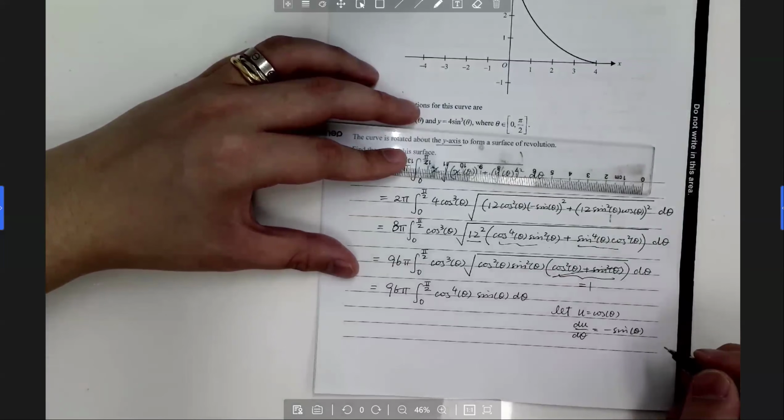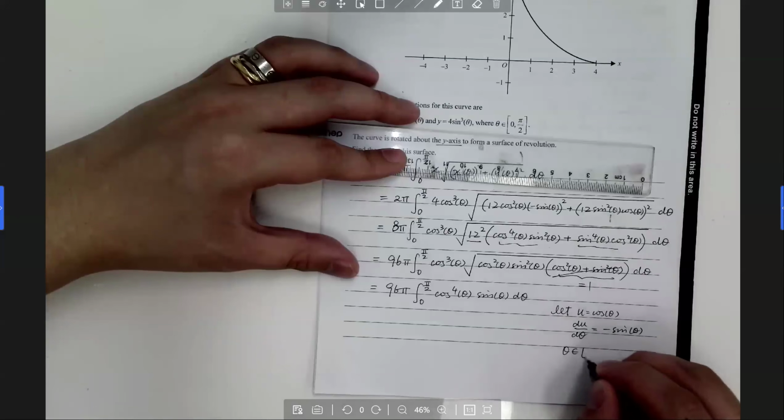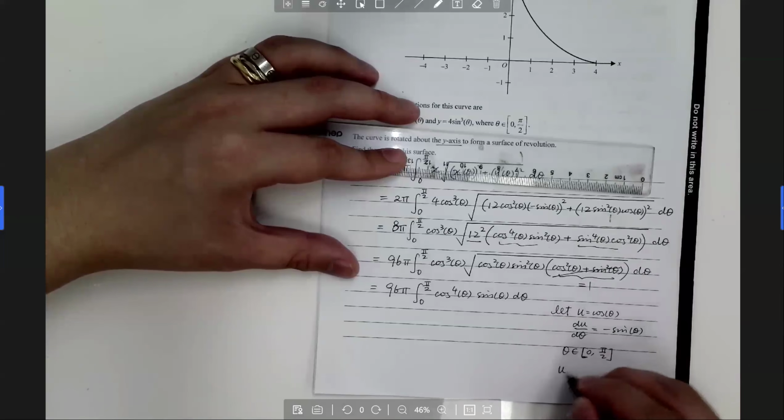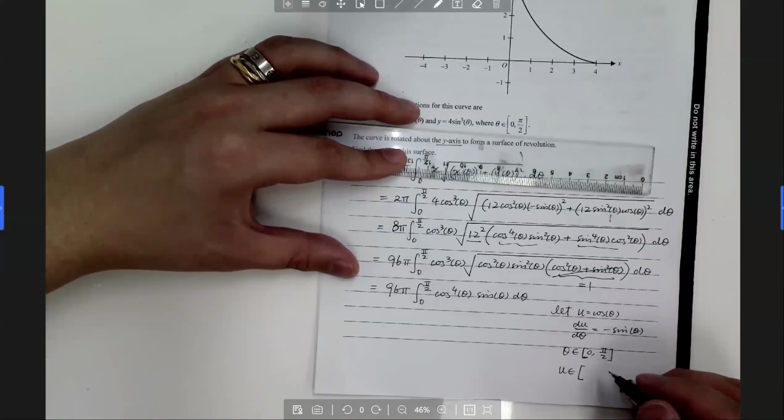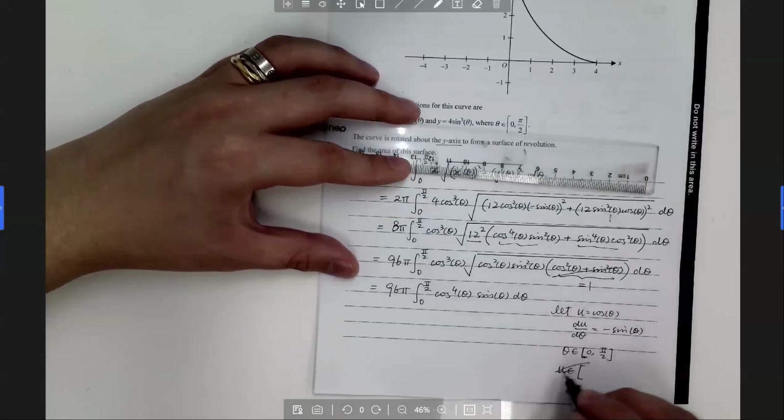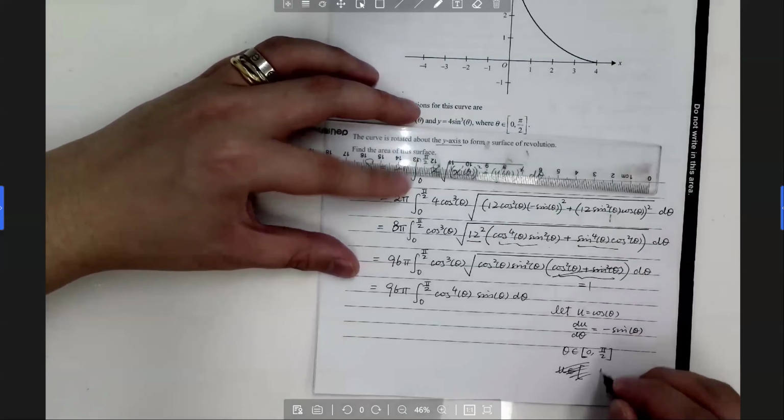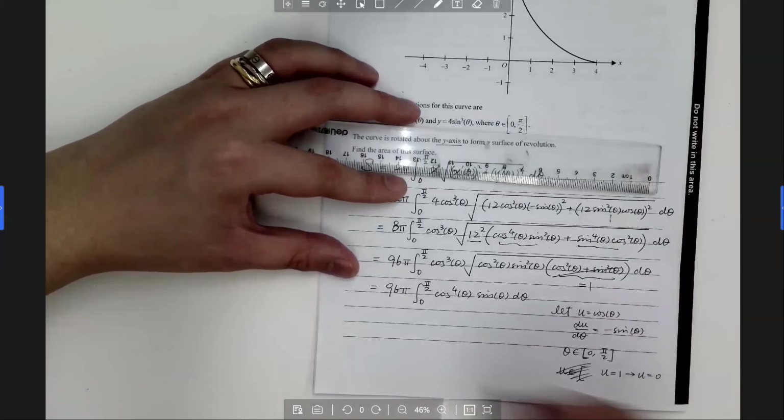And then the integral from theta values to the u values. If theta is 0, that is 1. If theta is half pi, that is 0. So u equals 1 to u equals 0, okay?